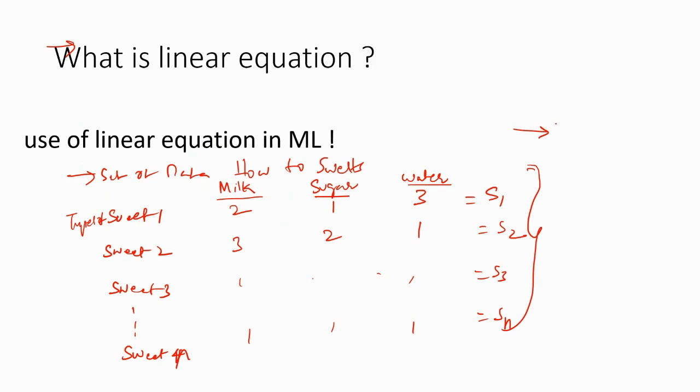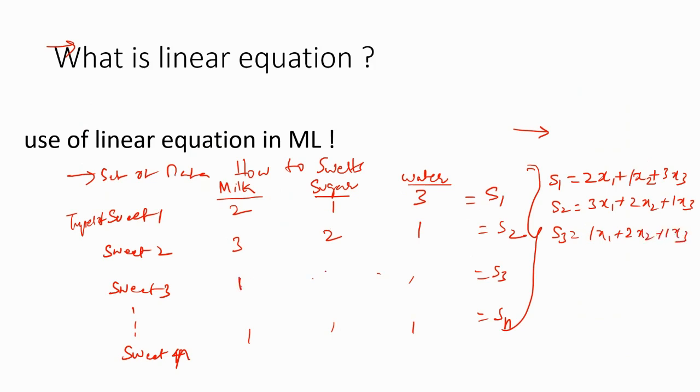This data I can represent in a linear equation where S1 is equal to 2x1 plus 1x2 plus 3x3, and in the same way S2 is equal to 3x1 plus 2x2 plus 1x3. In the same way S3 is equal to something like 1x1 plus 2x2 plus 1x3.